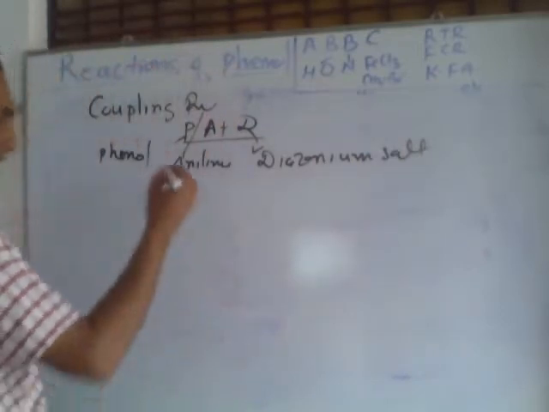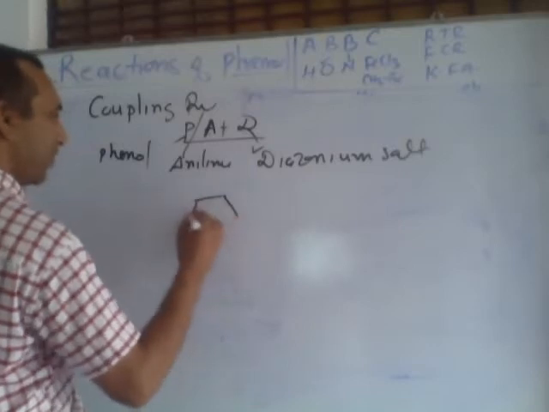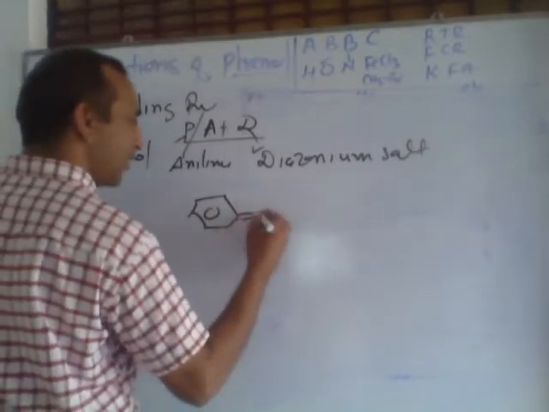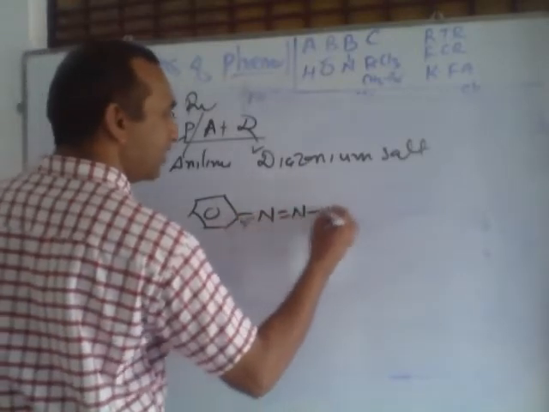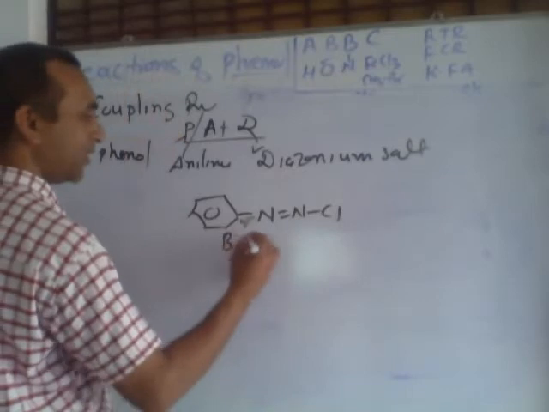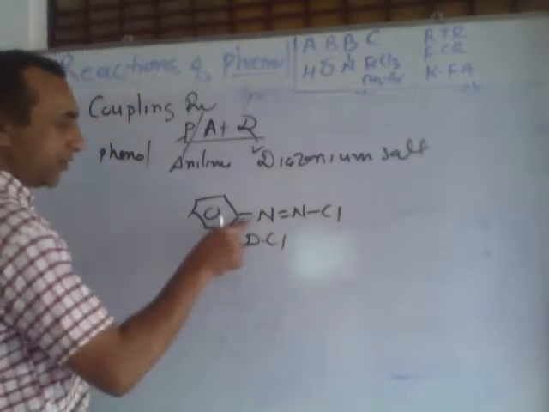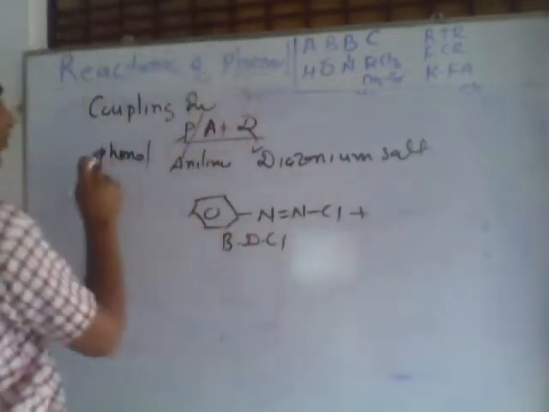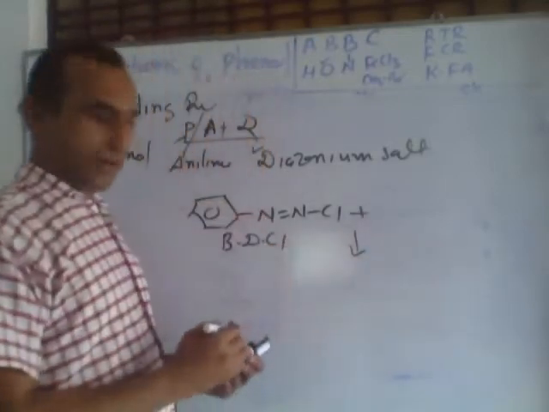The diazonium salt is this: this is the benzene ring, and this is N double bond N Cl. This compound is called benzene diazonium chloride. If benzene diazonium chloride reacts with phenol or aniline, then the reaction is called coupling reaction.